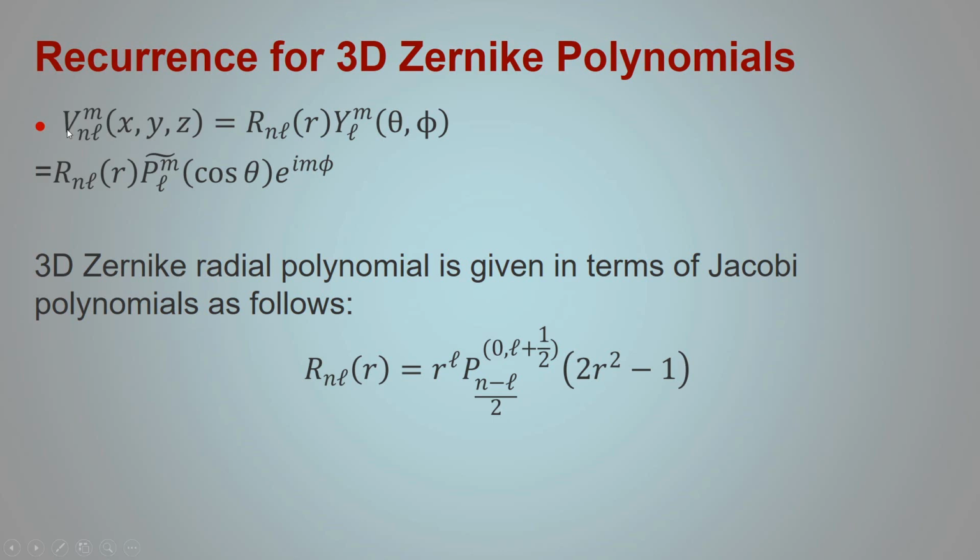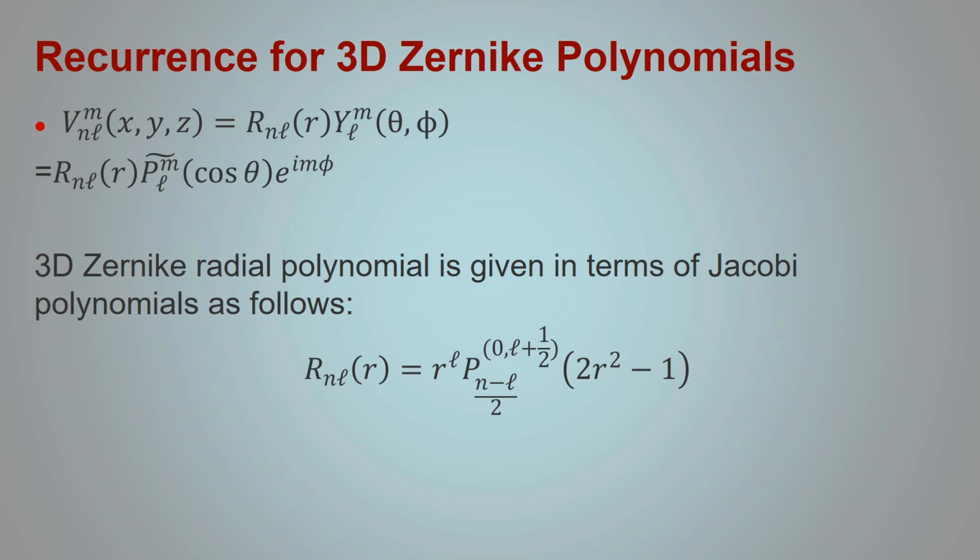The Zernike polynomial VNLM is actually the product of the radial part with the spherical harmonic. The spherical harmonic can be computed as the product of the normalized associated Legendre polynomial with its exponential function.